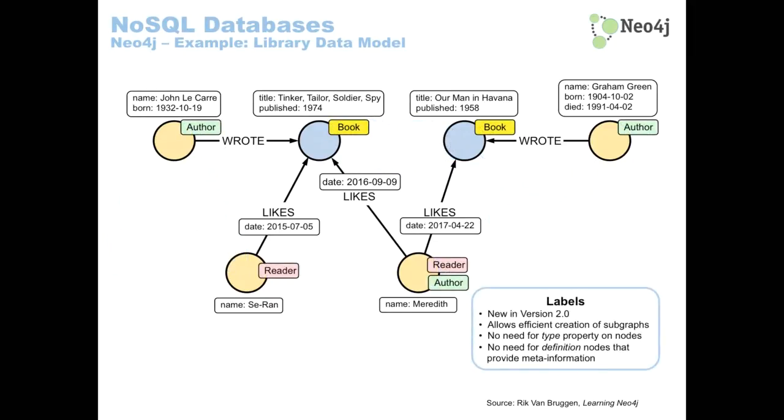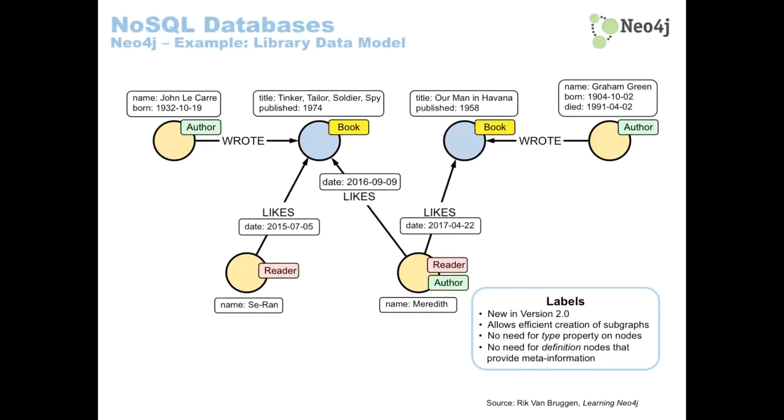Beginning with version 2.0, which was about 3 years ago, I think, they added labels. You can label a node with multiple different labels. It allows for the efficient creation of subgraphs.